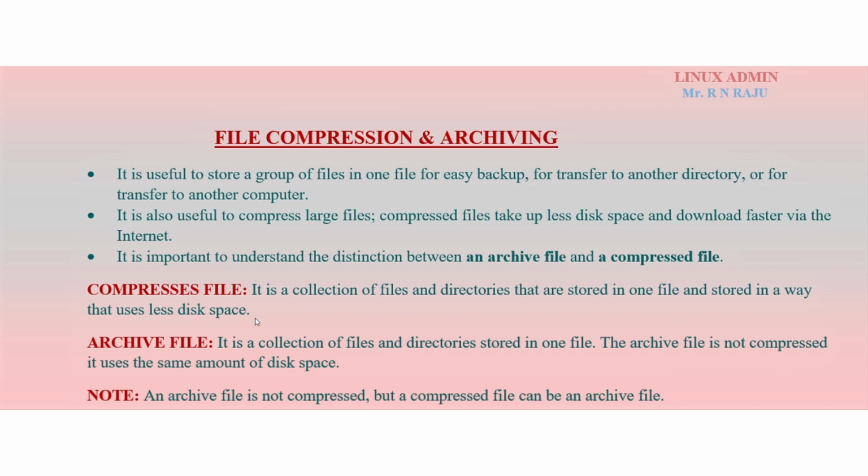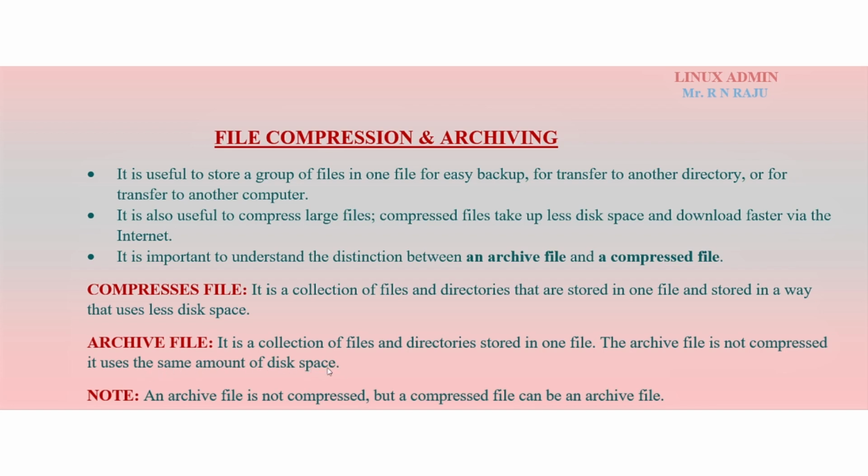So compressed file means what? It occupies less disk space. An archive file is also like a compressed file, but it is used to combine multiple files into a single file. But the archive file is not compressed, because it uses the same amount of disk space.